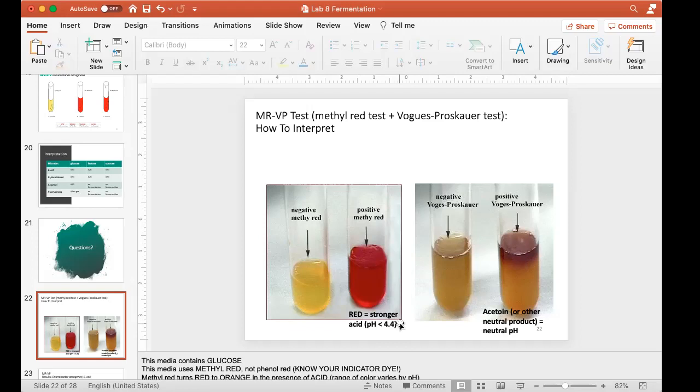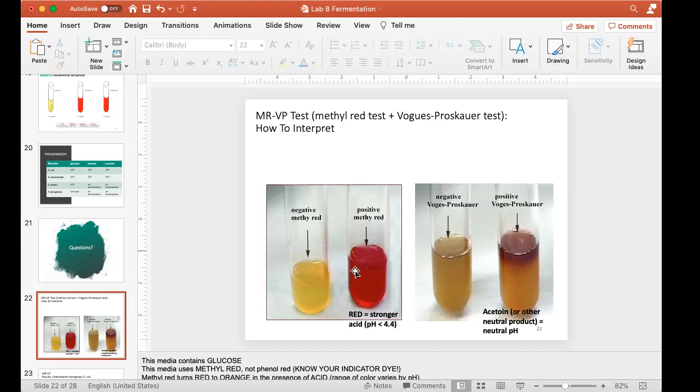If the product acid has a pH less than 4.4, you're going to get a cherry red color change. If the acid produced has a slightly less intense pH, if it falls between 4.4 and 6, you're going to see a more orange color. And then you can also see an acidic positive reaction that is an orangey yellow color if the product acid has a pH of 6 or more.